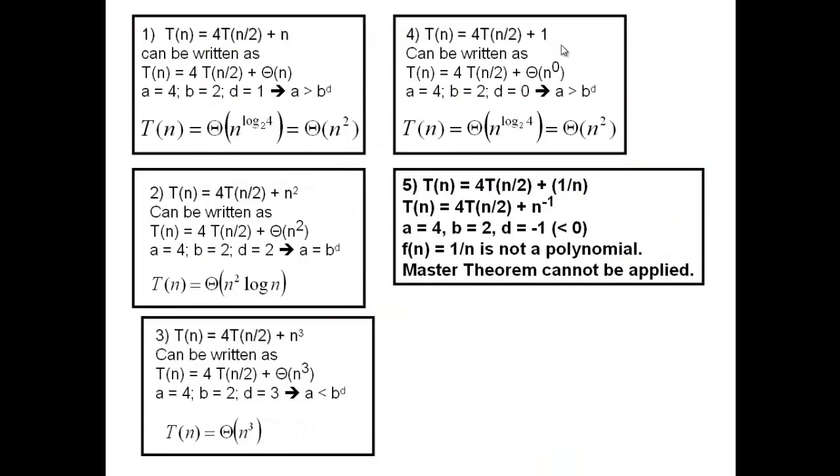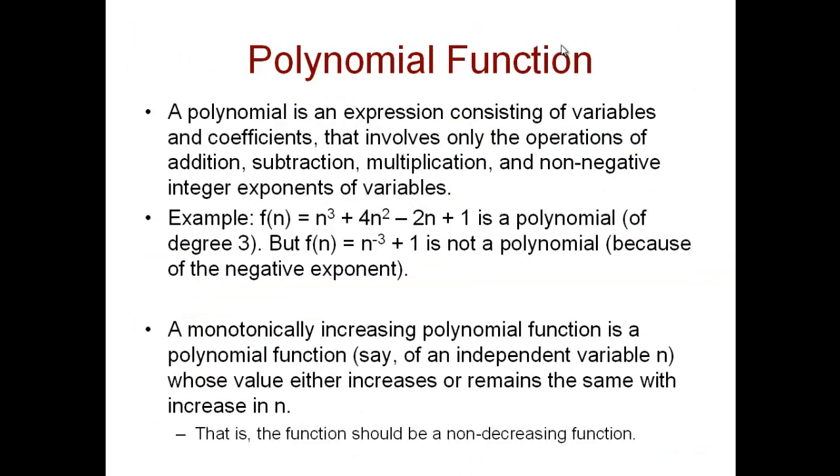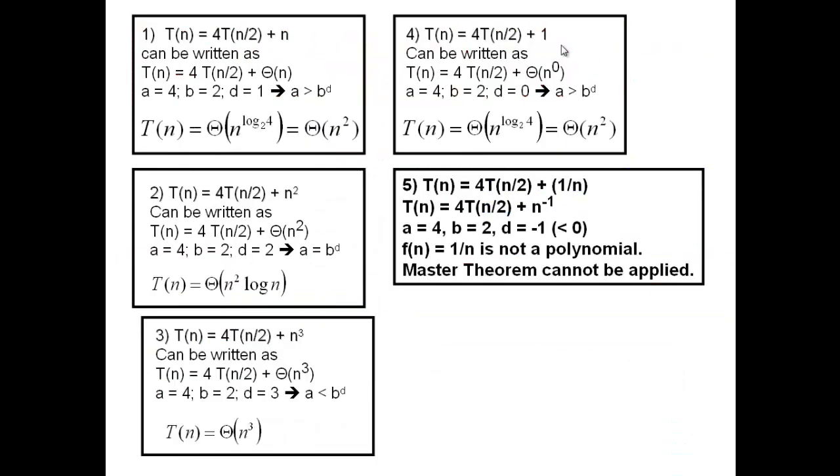So a is 4, b is 2, so n raised to log 4 to the base 2, and that's it, right? So it is theta of n square. So as you can see, if the time to combine solutions is just theta of 1 or it is theta of n, the overall time complexity remains as n square.